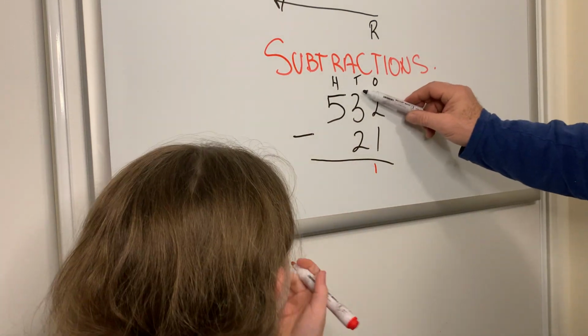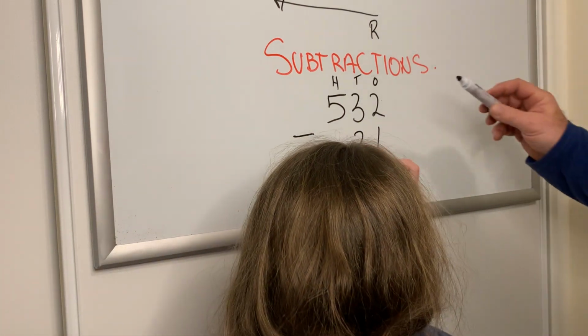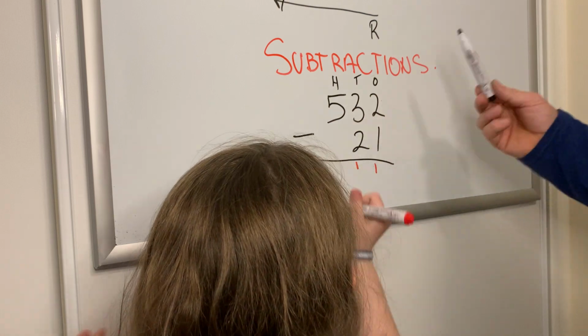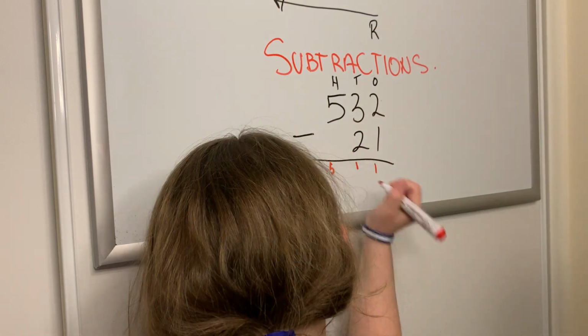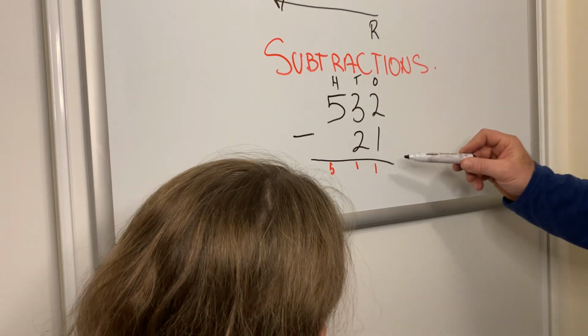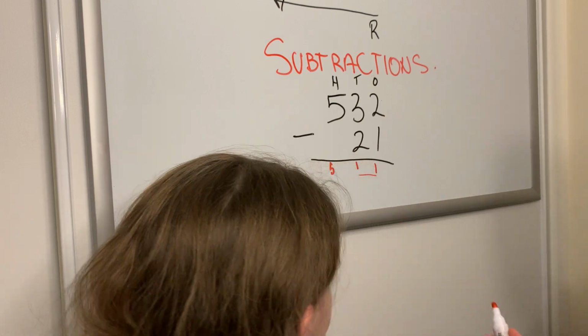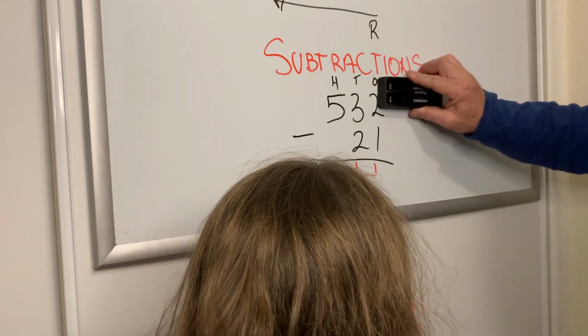And here we've got 3 take away 2, a larger number on the top, that will be 1. And here we've got 5 take away 0, which is 5. So 532 take away 21 is 511. Well done.